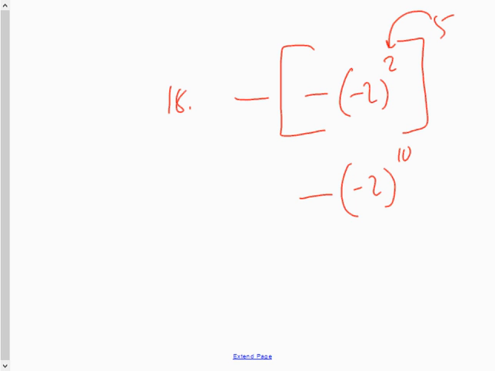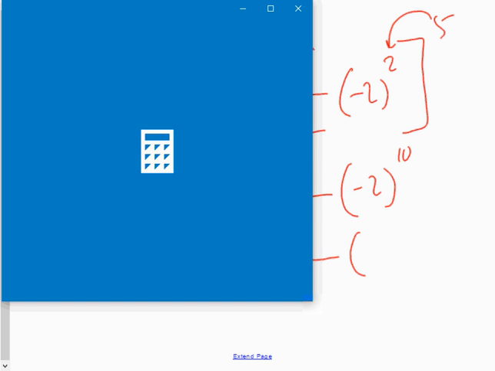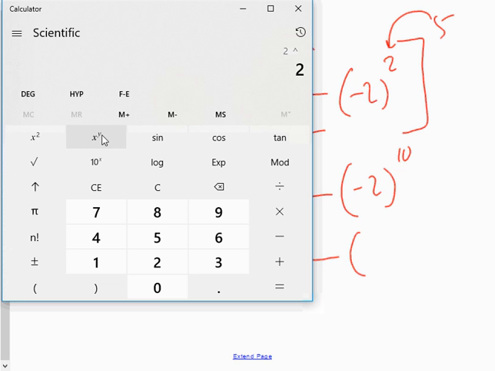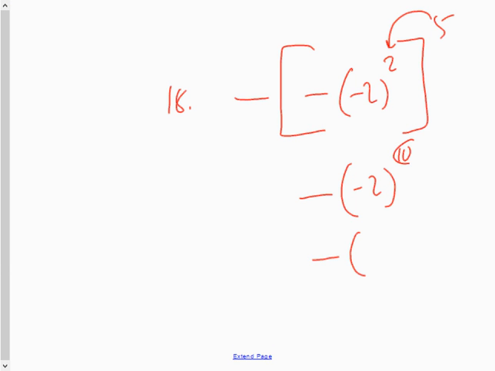So let's see what 2 to the 10 is. It's 1024. Since it's an even exponent to a negative base, it's going to be a positive 1024.